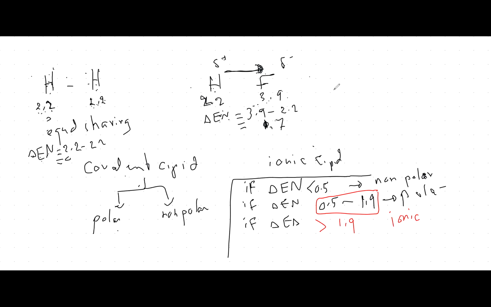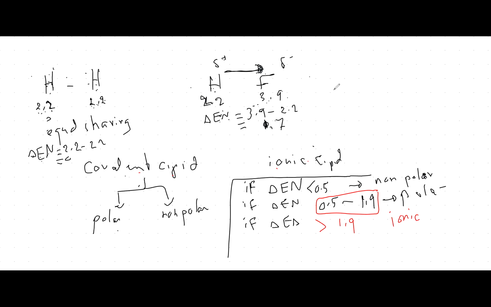Did you understand it? I want to know if my compound is a covalent compound or an ionic compound. If it's greater than 1.9, it's ionic. If less than 1.9, it's covalent.